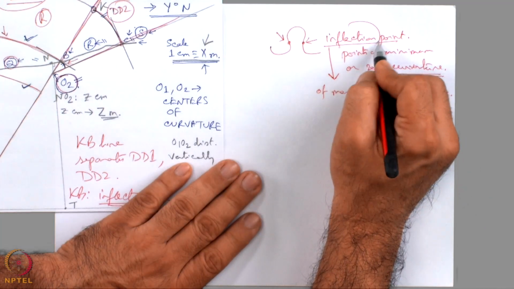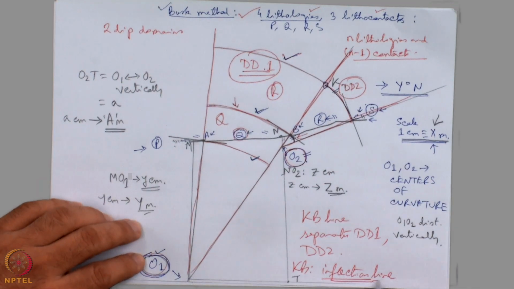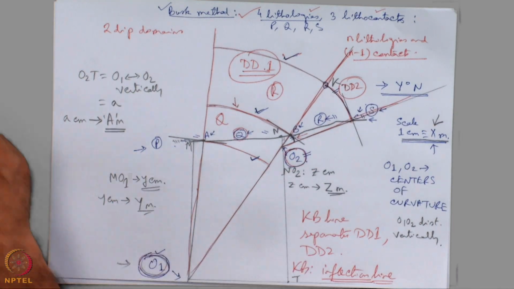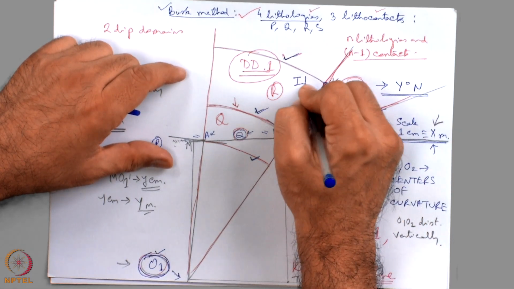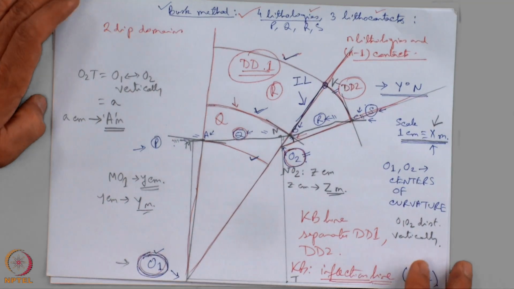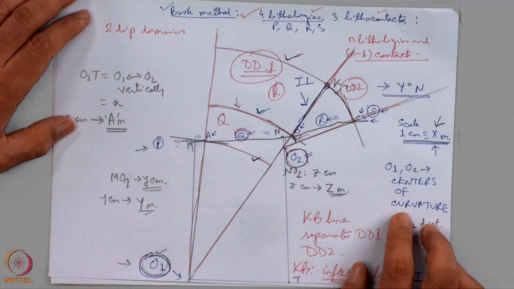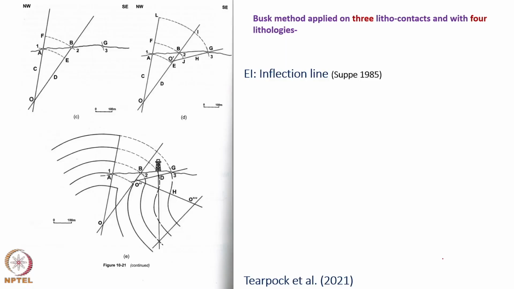In this context, you have heard the word inflection, and not just point, but we are calling KB the inflection line. Where is KB? This is KB. This is the inflection line, IL. So, what I demonstrated here, I am now going to show you in terms of figures from the textbooks. Let us look at the textbook diagram for what I have done right now.